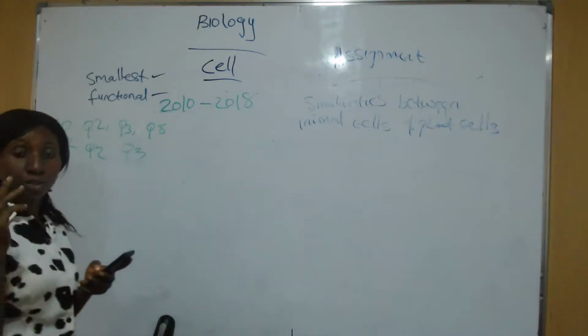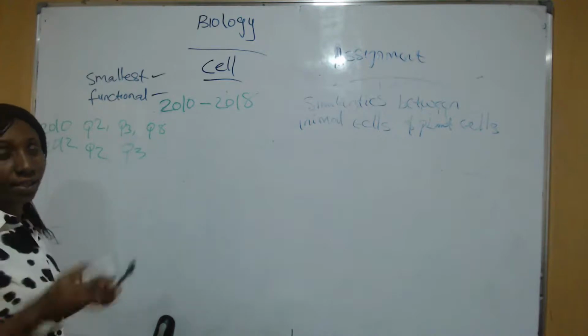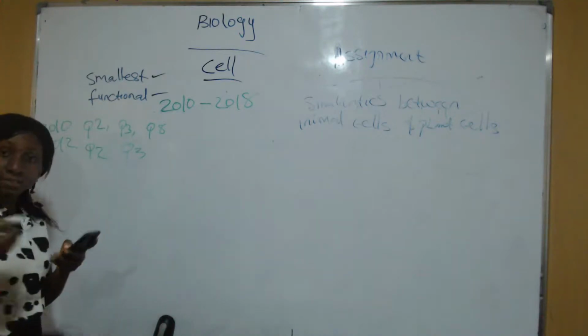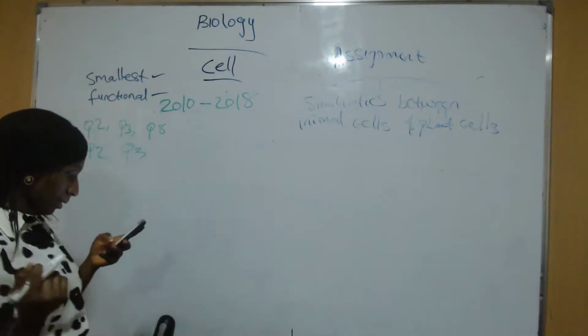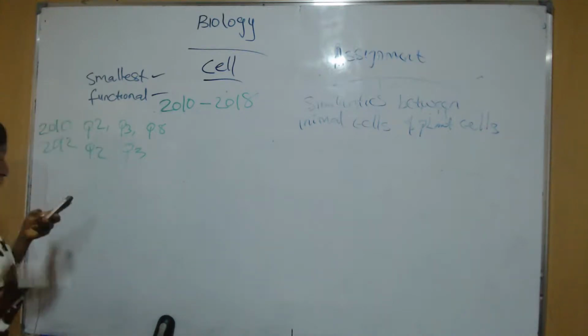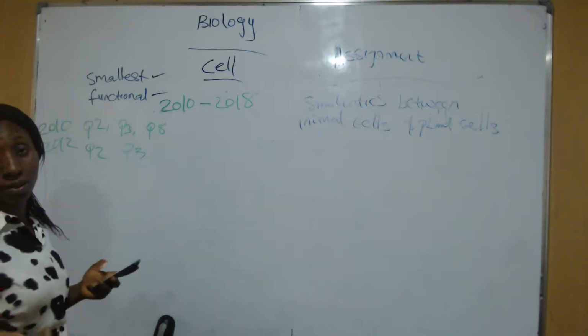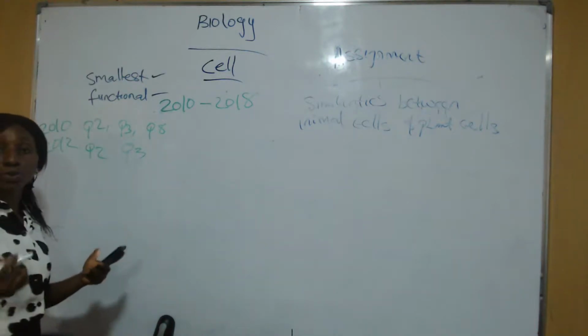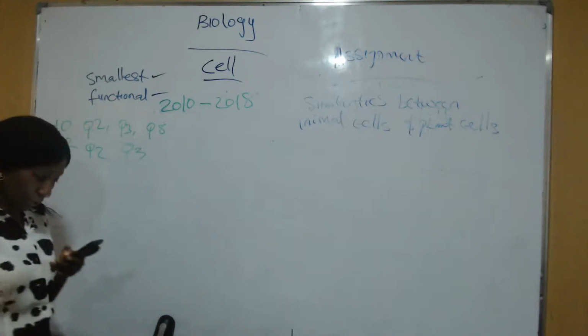If you cannot describe an animal cell off by heart, you will not be able to identify which is which. We should all know the cell organelle responsible for hereditary is the nucleus. It contains the chromosomes. So it is left for you to identify the nucleus of the cell.